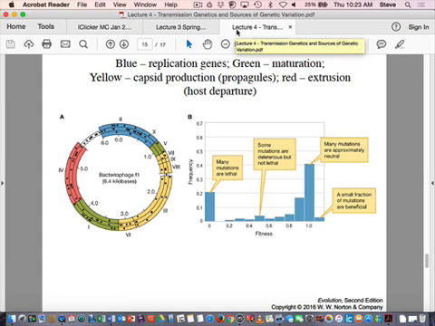All along here, the third base pair mutations, these are second base pair mutations, and these are first base pair mutations in these various genes associated with replication, maturation, capsid production, and then extrusion. So you can see the mutations are scattered throughout the genome in various parts of the first, second, or third base pair.